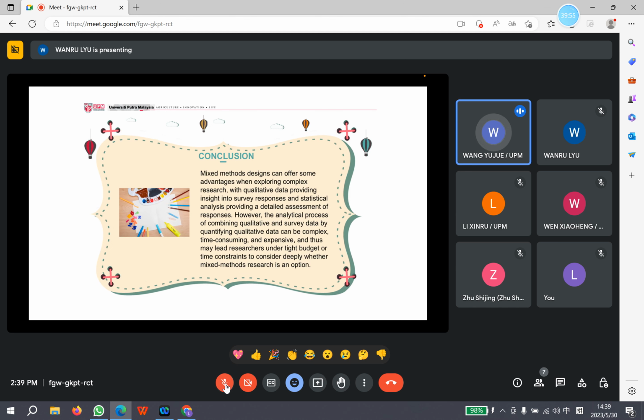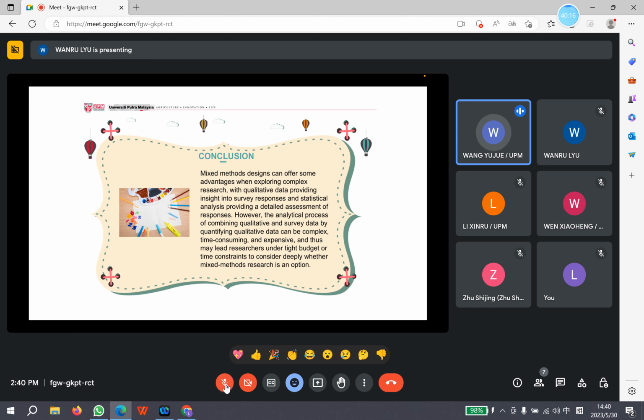Mixed methods designs can offer some advantages when exploring complex research, with qualitative data providing insight into survey response and statistical analysis providing a detailed assessment of response.